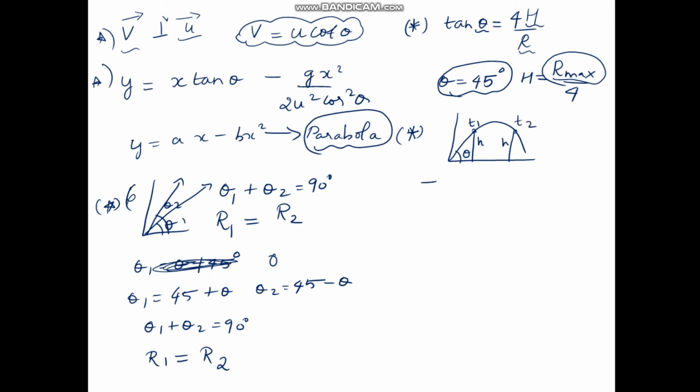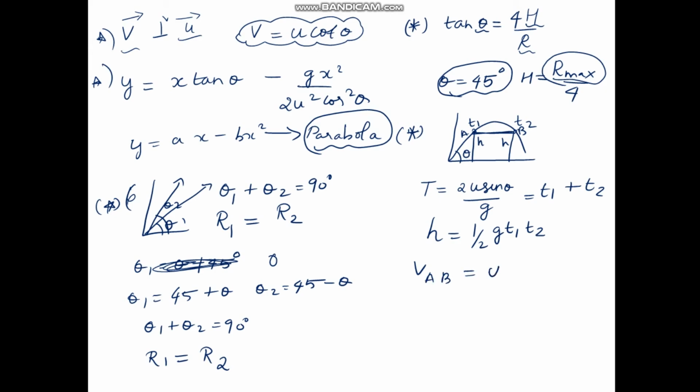Then time of flight, 2u sin theta by g, is equal to t1 plus t2, and height reached h is 1 by 2 into g into t1 into t2. Let this be a, this be b, the average velocity in the interval ab is u cos theta.